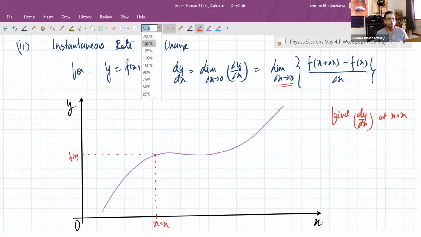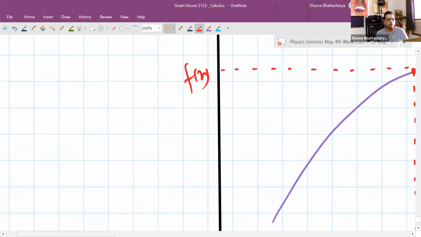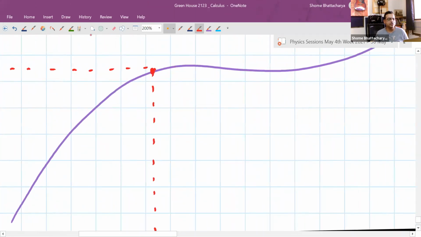So literally I have to zoom into this graph as much as I can, and then try and draw a point which is right next to this one, so that the distance between these two points becomes negligible.